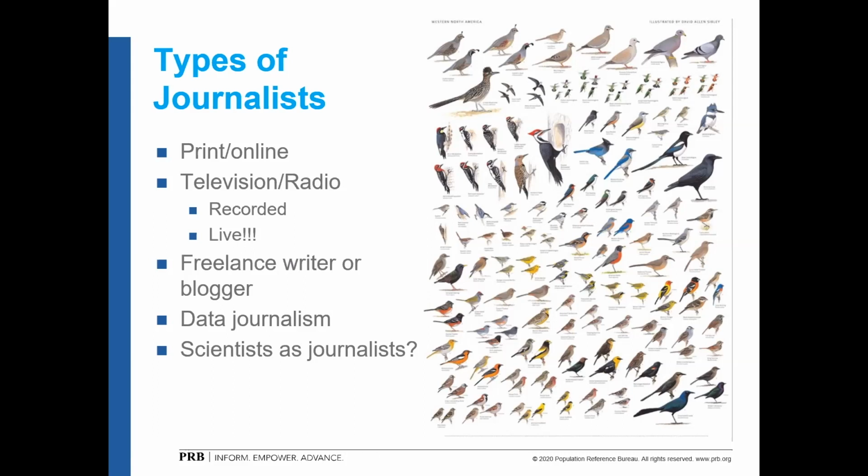It's kind of like pigeons in the park. So not all of these online news outlets are trustworthy. And at PRB, we do get a lot of requests from news outlets that we've actually never heard of before. So it's good to do a little bit of detective work before you talk to those folks, just to find out who you're dealing with.